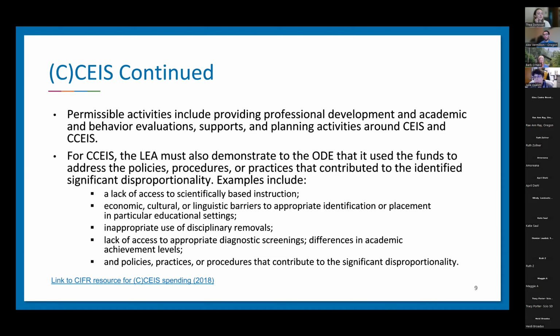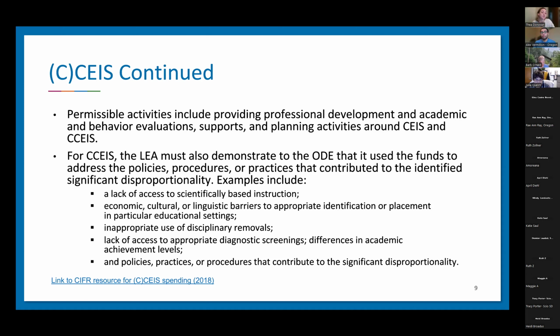It gives some examples, or scenarios, for CEIS and CCEIS spending. That's super helpful. If you're considering using some of your funds voluntarily for CEIS, there's a bit of a tracking component to that. Same thing for CCEIS: if you have to set aside this money, there's another tracking component as well.